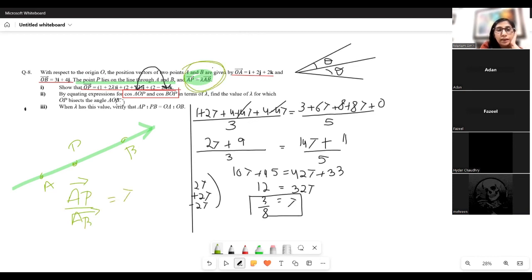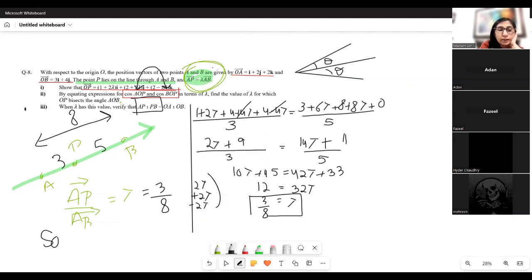From here, AP upon AB will be lambda. So lambda is 3/8. So that means AP has 3 parts, then AB has 8 parts, which means PB has 5 parts. So we have this ratio: AP ratio PB is 3:5.